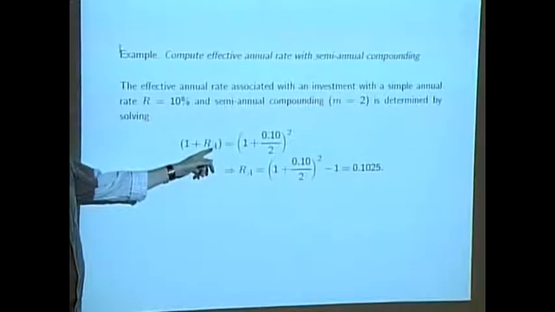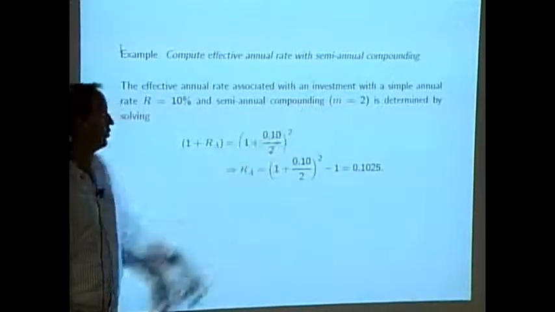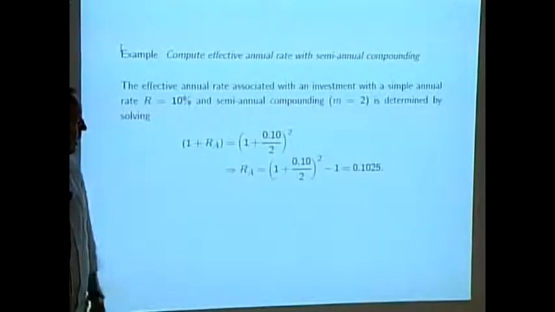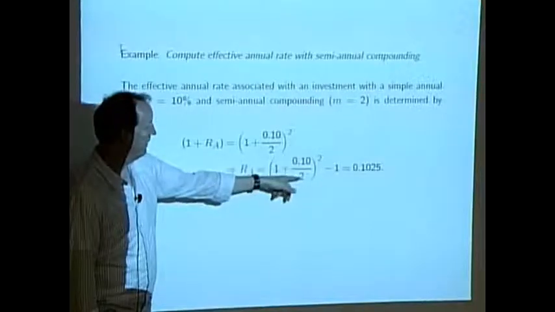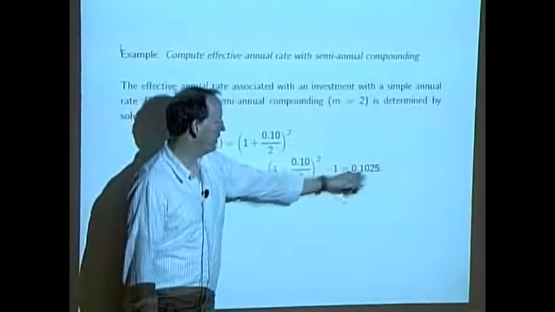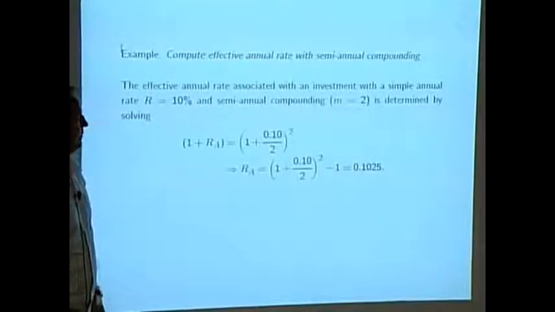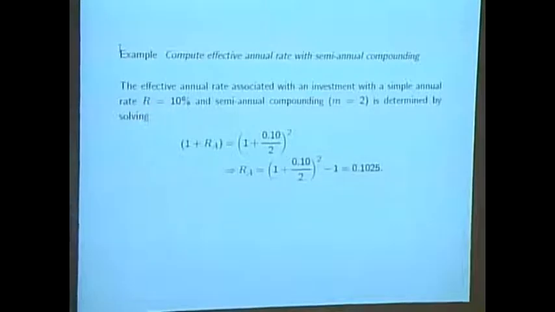You solve 1 plus the annual rate is equal to 1 plus the semi-annual rate squared. Solving for the annualized rate, you get 1 plus 5% squared, minus 1. And so our effective annual rate is, in fact, 10.25%. So it's effectively higher than just getting simple interest.